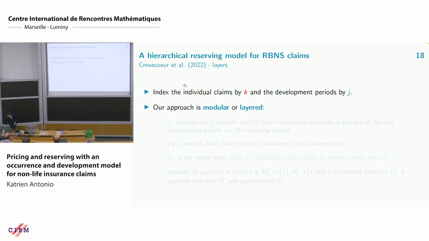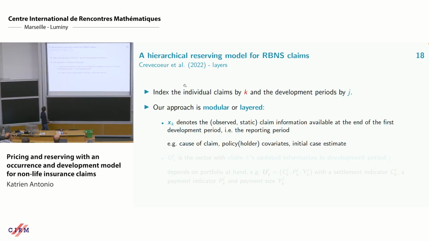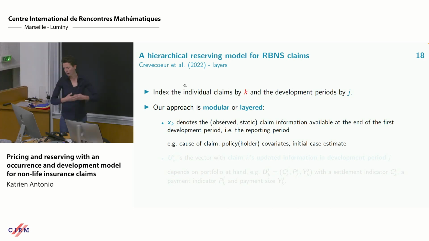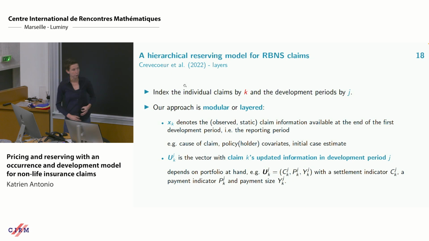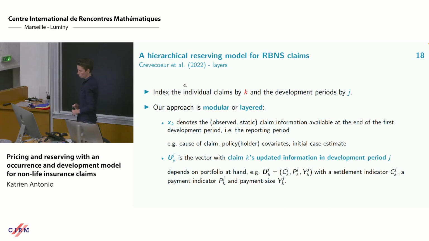But the idea is that we can keep track of different pieces of information on claim k. So that can be static information, for instance, the cause of the claim, or the initial incurred amount that was booked on this claim k, or some policy or policyholder covariates, things that don't change over time. And then you have information that we denote here with U, and U is for updating, because you have information that updates throughout the claim's development over time.